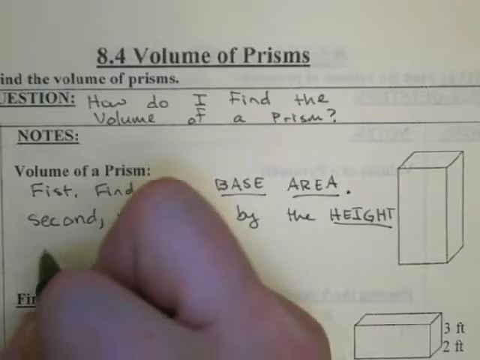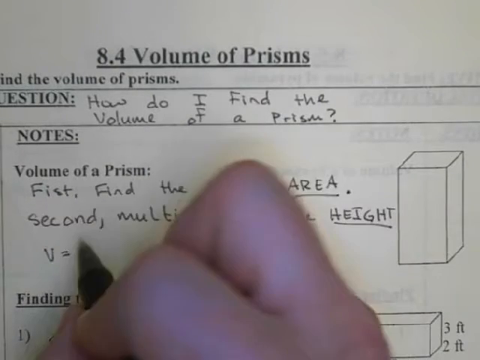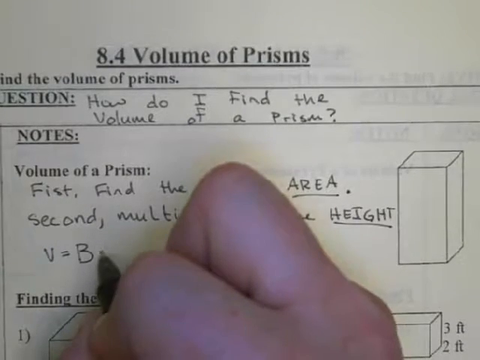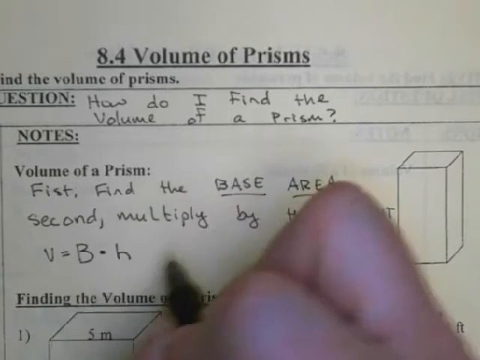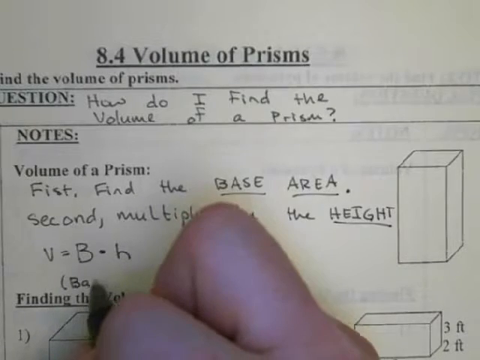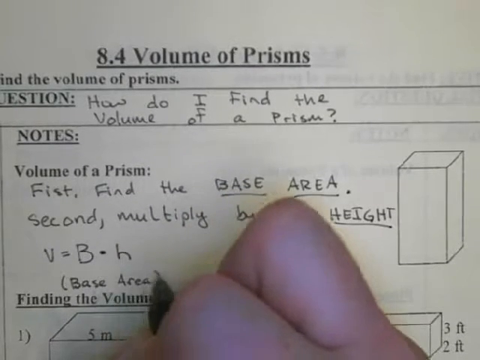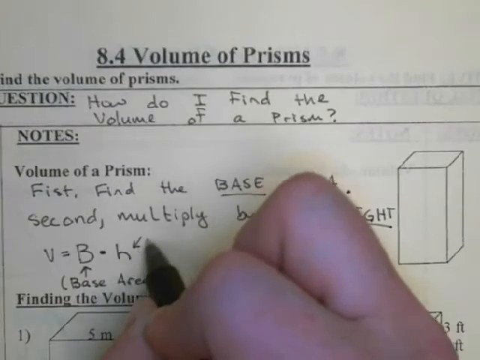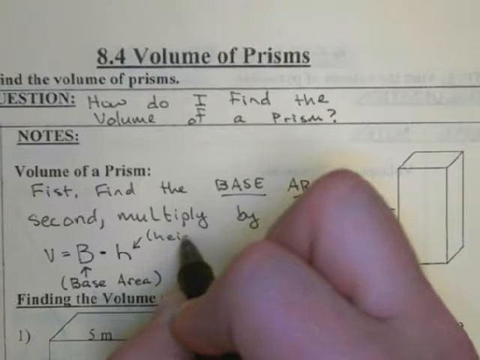So our equation will be volume equals base area times height, where capital B stands for base area, and H is our height.